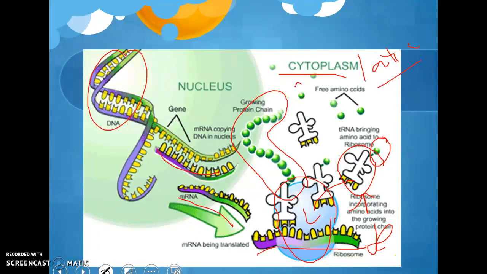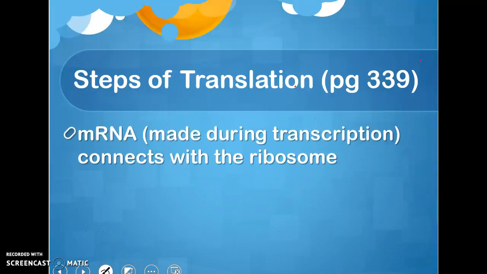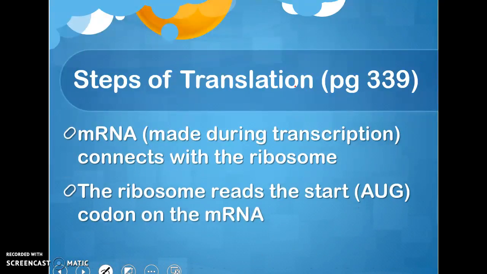That looks like chicken scratch. All right. So translation is going to require mRNA connecting to the ribosome, and the ribosome will scan mRNA until it hits this guy. Once it hits AUG, that's when it will start pressing down and say, okay, I'm ready, bring the tRNAs.